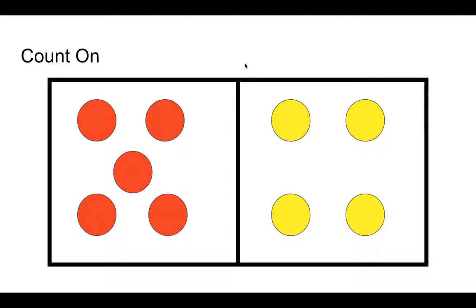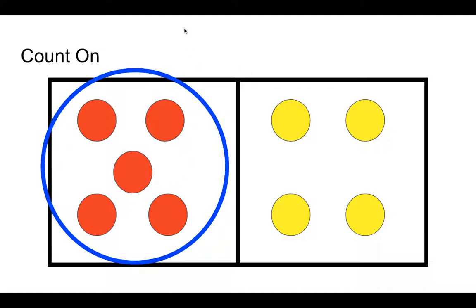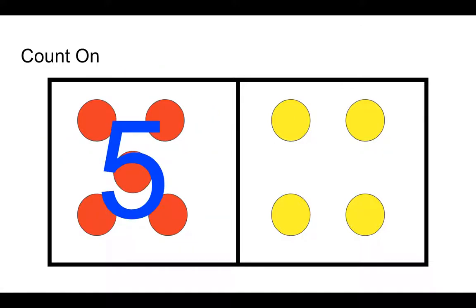Now when I count on, I'm going to try and find the bigger part so that it takes me less time to count. So in this case, the bigger part is over here. I can see that there are 5, like there would be 5 on a dice. So when I'm counting on, I can say 5. I don't have to count each of them because I already recognize easily that there are 5.